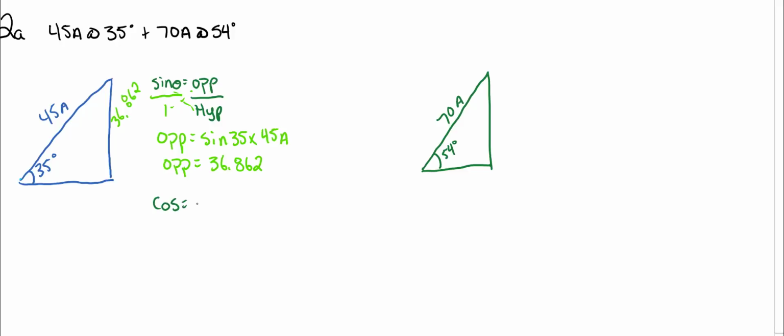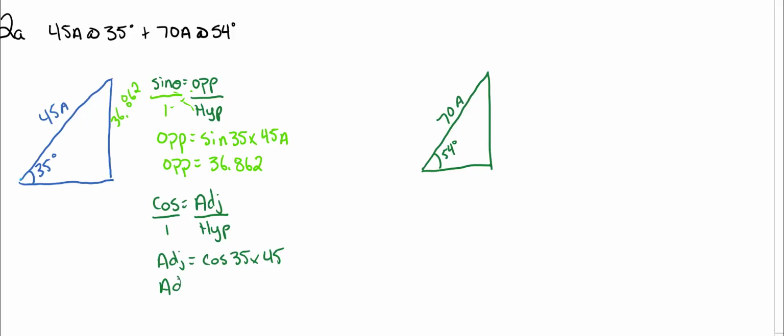Cos is equal to the adjacent divided by the hypotenuse. Transpose that to isolate for the adjacent. The adjacent would be equal to cos 35 times our hypotenuse of 45.